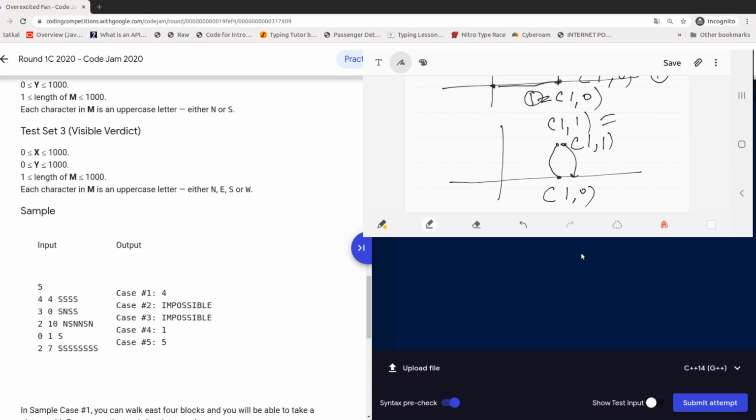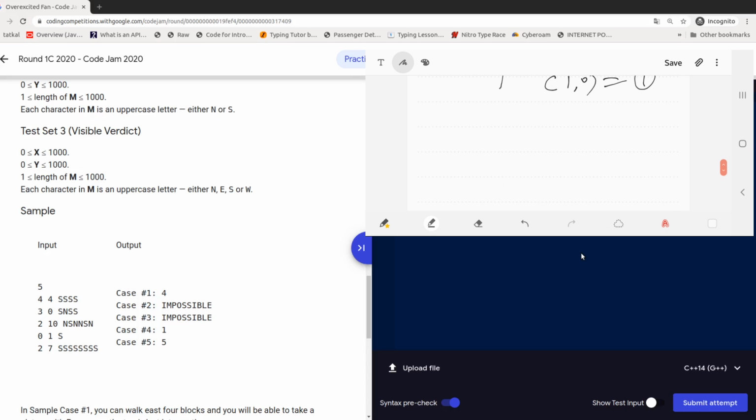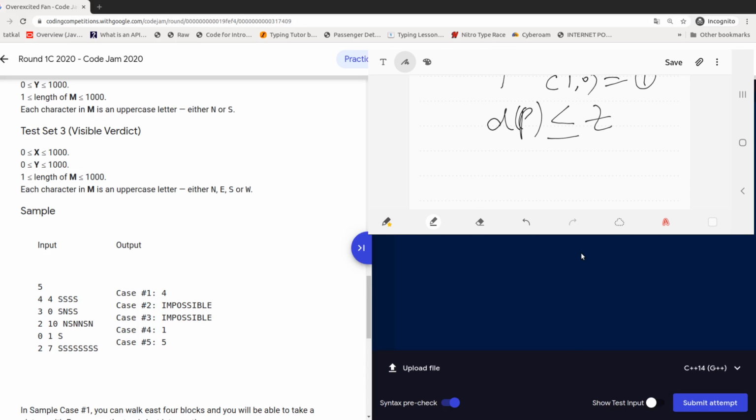In this case the distance of you from the origin becomes 2 and the distance of the person from the origin becomes 1. So what we can observe from here is that whenever the distance of the person from the origin becomes less than or equal to the total time taken, and the total time taken is the same as the distance you can travel, then there must be a meeting, otherwise there is no chance of meeting.